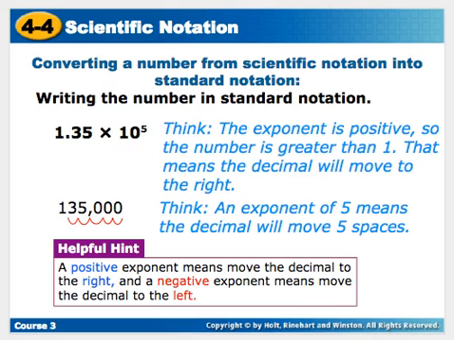What works best for me is to think that a positive exponent will make the number larger and a negative exponent will make the number smaller. If it works better for you to remember that a positive exponent moves the decimal to the right and a negative exponent moves the decimal to the left, then that's fine. Use whatever method works best for you.